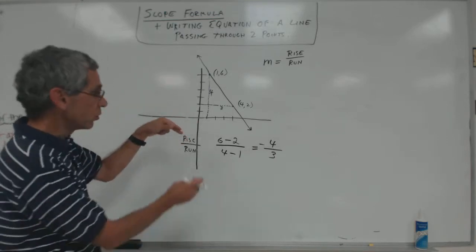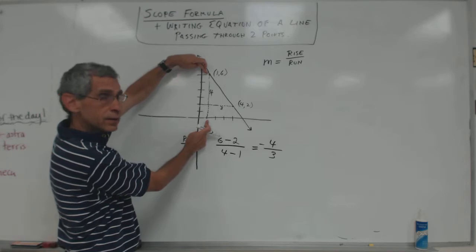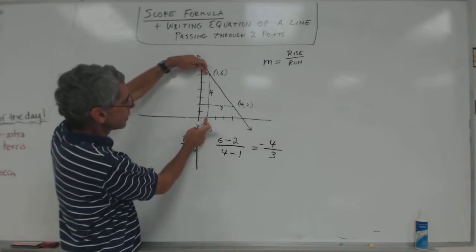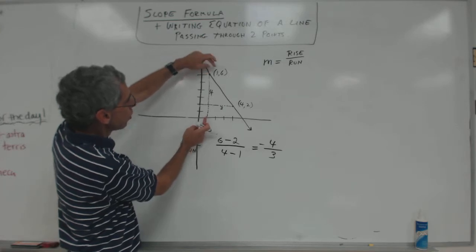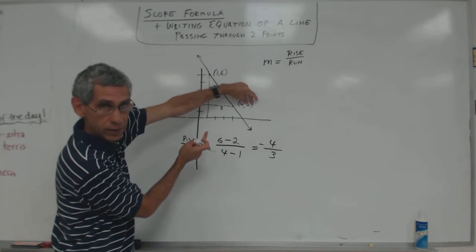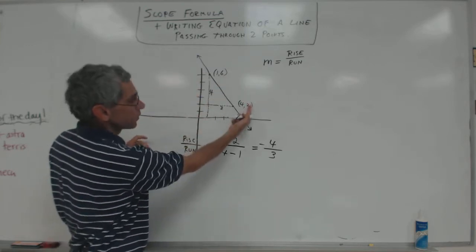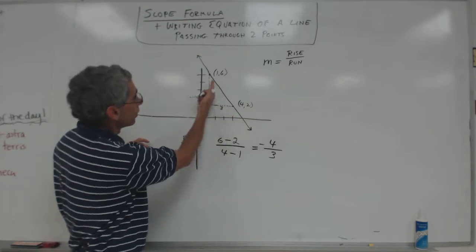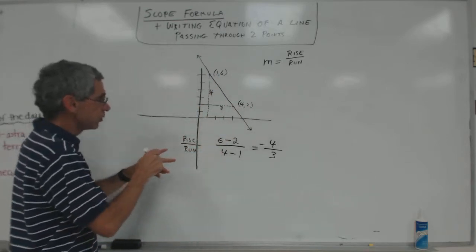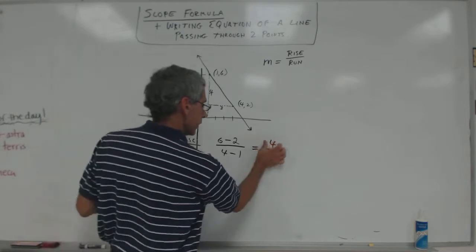But I'm trying to show you that basically the rise is the whole of the y minus the whole of the other y. See that? It was 6 minus the 2, over 1 minus the 4. But in this case, oh, I see what I did wrong.